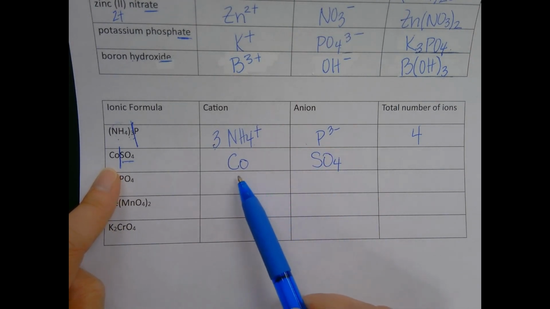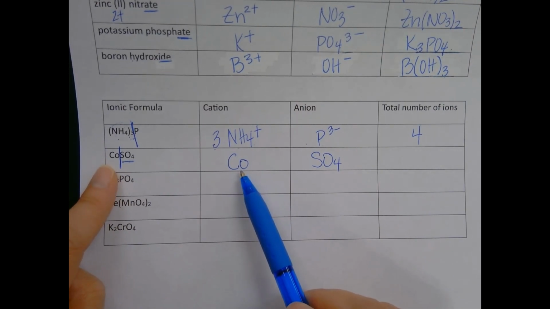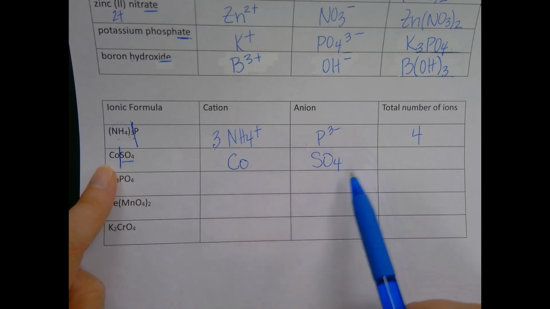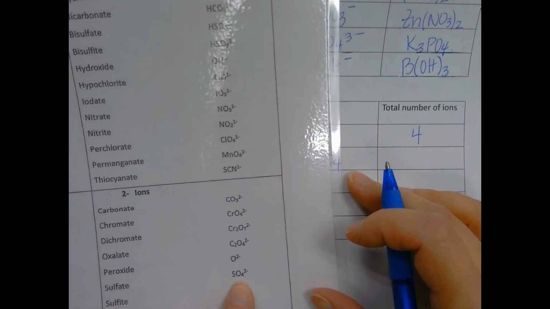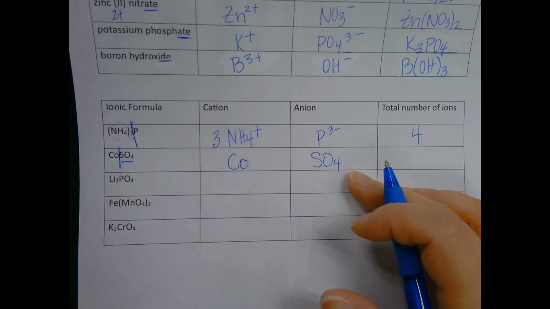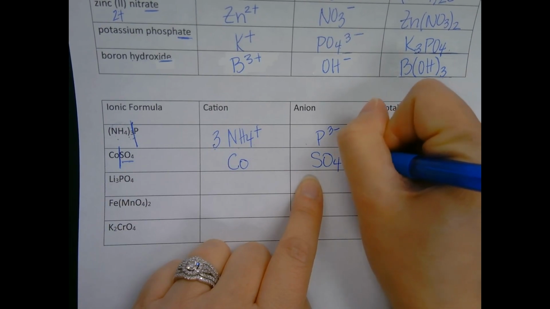Now, the problem is cobalt is a transition metal, so I need to figure out what the charge of this cobalt is going to be, and I'm going to do that using my sulfate. SO4 is sulfate. If I look on my chart and find sulfate, it's SO4 2 minus. So I know that the charge of my sulfate is 2 minus.